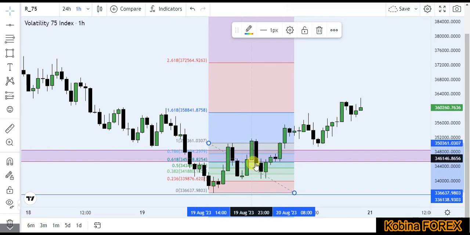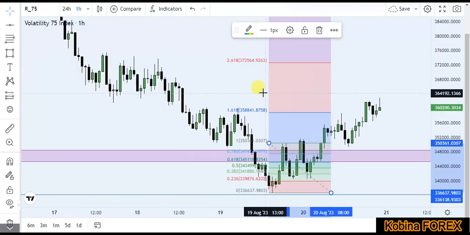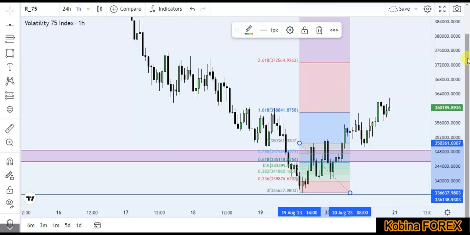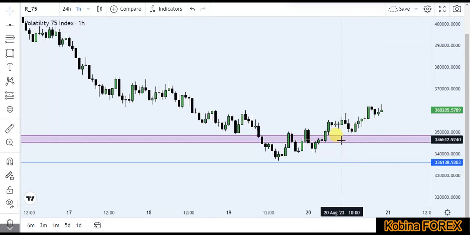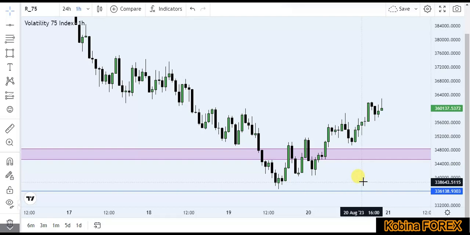Price retraced into the ultimate trade entry, and then our first scaling off has happened already. Then we are here, looking for a target in here. The ultimate target is higher than this. We are looking for something higher, not just this. This is just by the way, to show you our ultimate trade entry.